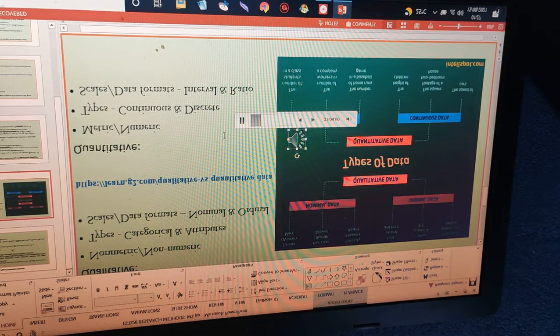Now, if you look at the schematic on the right side, you will see that qualitative data, as I've explained, consists of nominal data and ordinal data, basically, because both explain categories and attributes, and they are non-numeric. So there are examples here, like nominal data, for example, gender, men, women. Then you also have hair color, brown, blonde. So these are usually categorical.